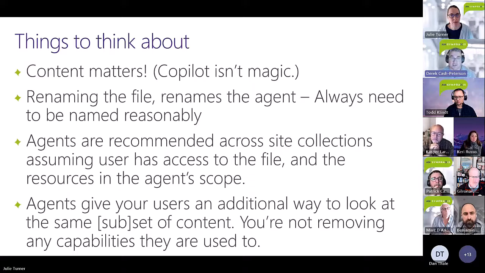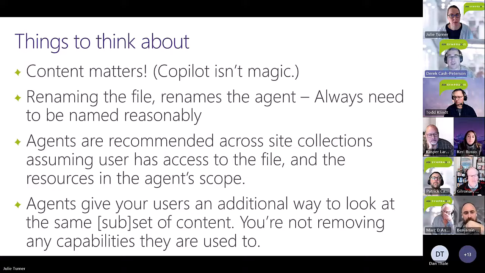Agents are recommended across site collections. Like that Copilot that Todd was showing, I actually have access to it and I can see it in a totally different site collection.